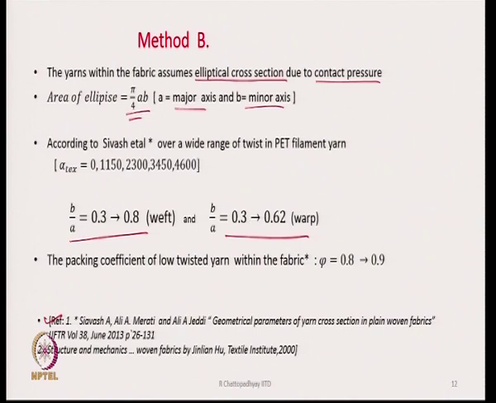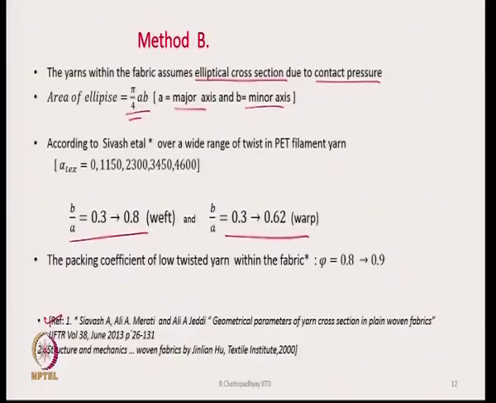Based on that information we can see that the weft yarn ellipticity values vary between 0.3 to 0.8 depending upon what is the twist in it and what is the corresponding twist in the warp yarn.